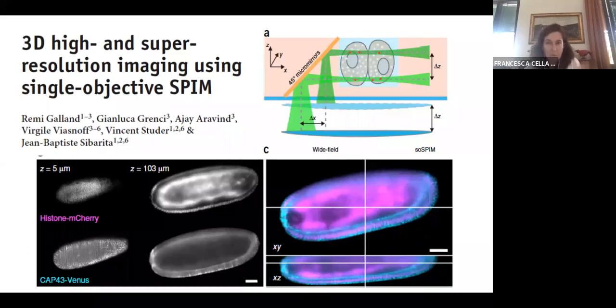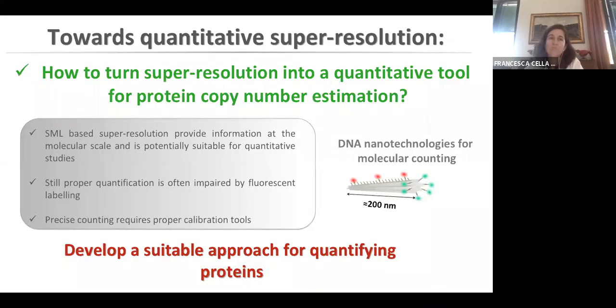This is another option. So we have the conventional one, for some samples is fine, the selective plane illumination architecture. For other samples, an inverted configuration is required. And also this single objective configuration can be used. I wanted to give you only an outlook.